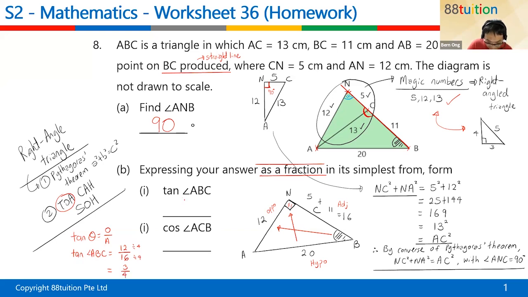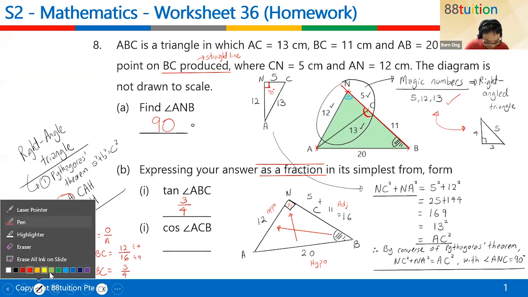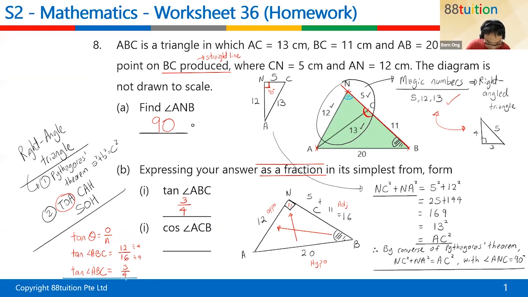Leave it as a fraction. Don't do extra, unless the question asks you to find angle ABC. If the question asks you to find angle ABC, then you have to do the extra step. The tangent you have to bring across, so it will be tangent to the power of -1, 3 over 4.